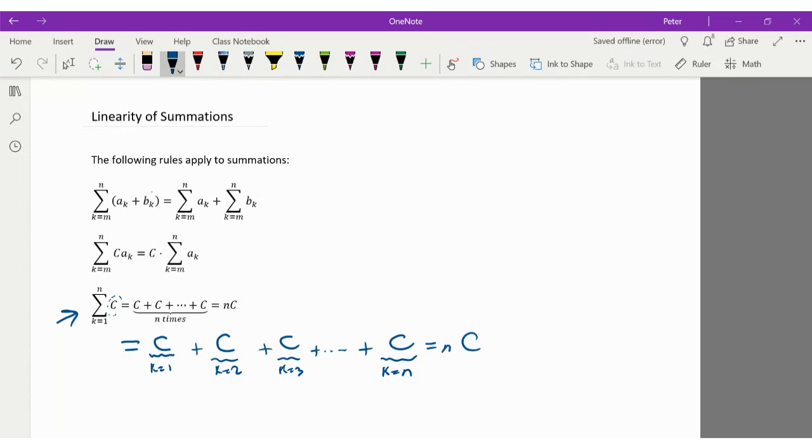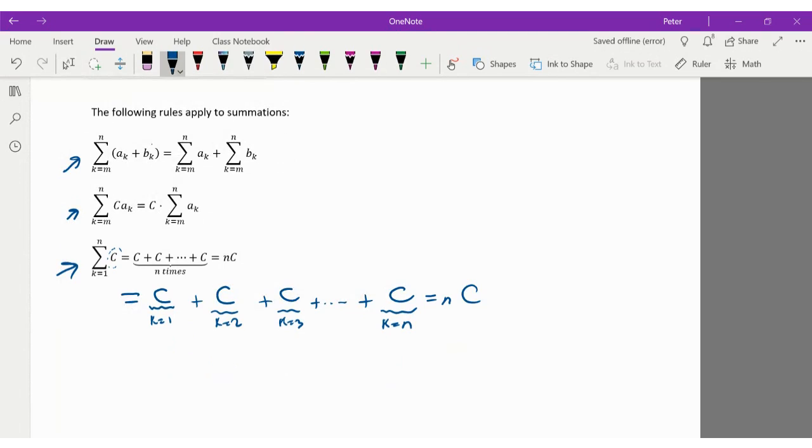Let me come up with an example here. Let's suppose that I have the sum from k equals 1 to 3 of k squared plus k.